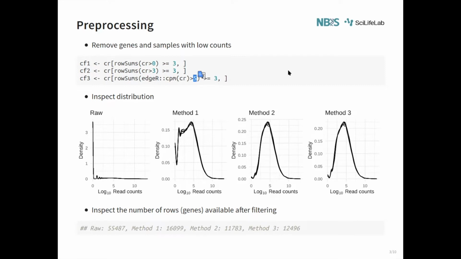No, that will be enough. But in this example, these samples were already downsampled to 1 million reads. So if you put CPM above 1, that will not filter anything because we have less than 1 million reads. But in general, yes, at least 1 CPM.